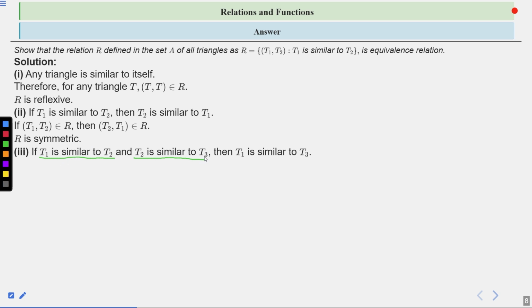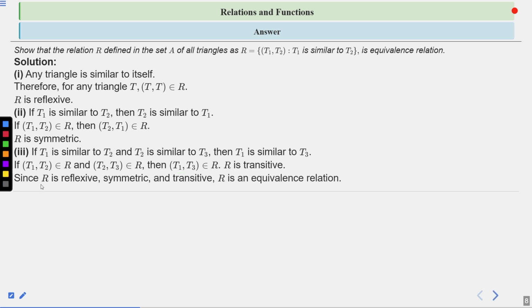So T1 is similar to T3, and this enforces me to write the pair (T1, T3) belongs to R. So R is transitive. Given R is reflexive, symmetric, transitive, it is an equivalence relation.